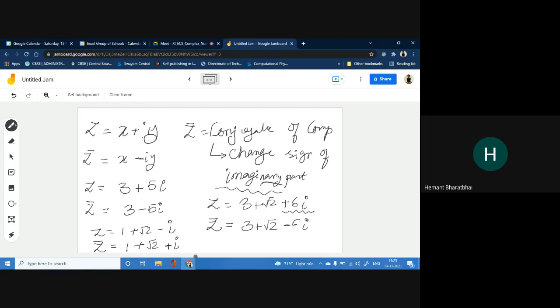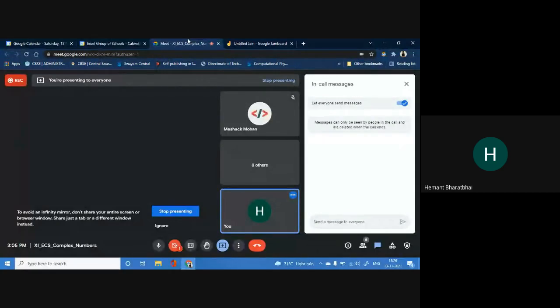So this will remain as it is, 1 plus root 2, and instead of minus i I will have to put plus i.